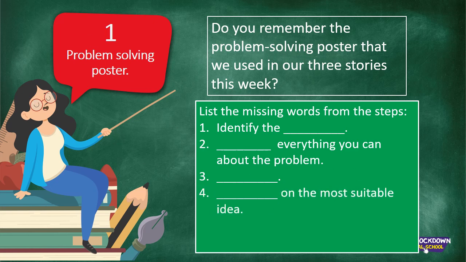Then you had to decide on the most suitable idea. Okay, remember that? Then you had to try it out. And if it doesn't work, you had to try something else. So you can see there are 6 questions there.